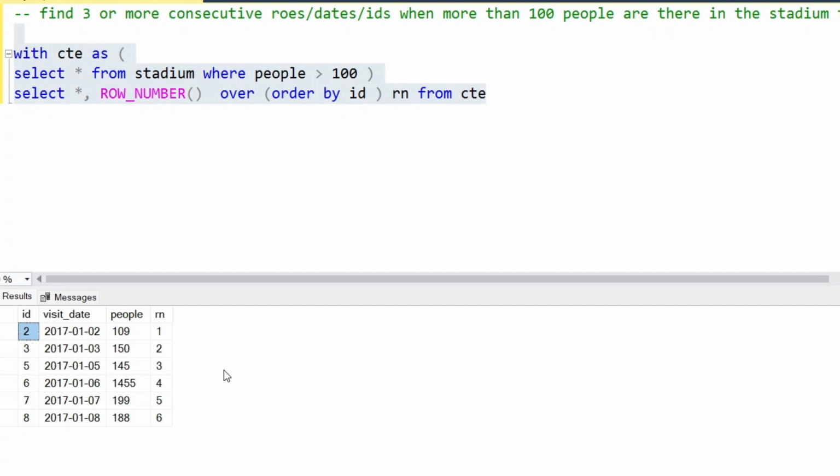So the number has changed here. If the difference is the same for both columns, that means the rows are in a consecutive order. And if the difference changes, the rows are not in a consecutive order. So we are going to subtract the ID column from the RN column.